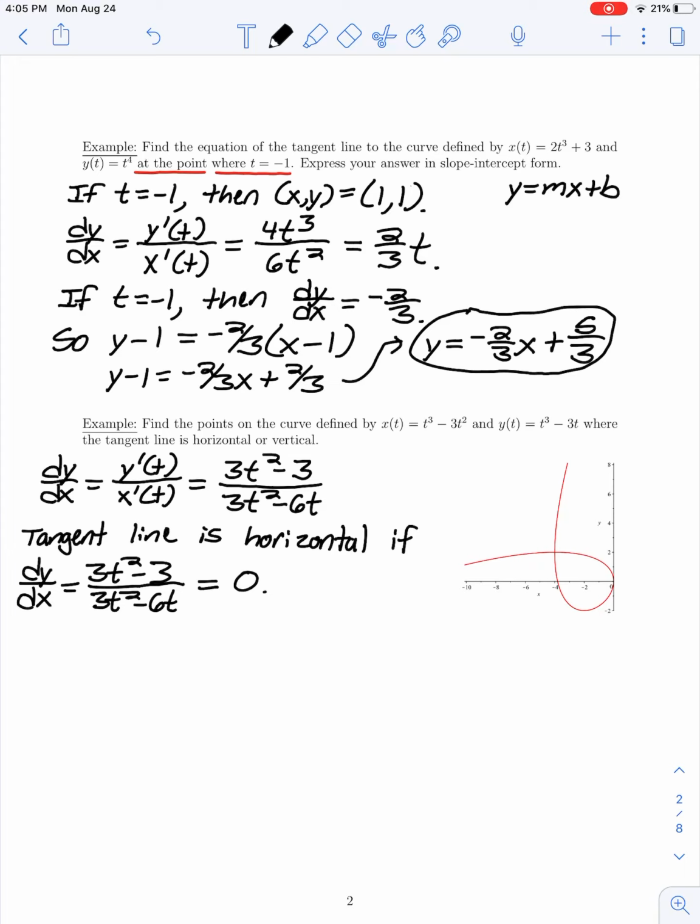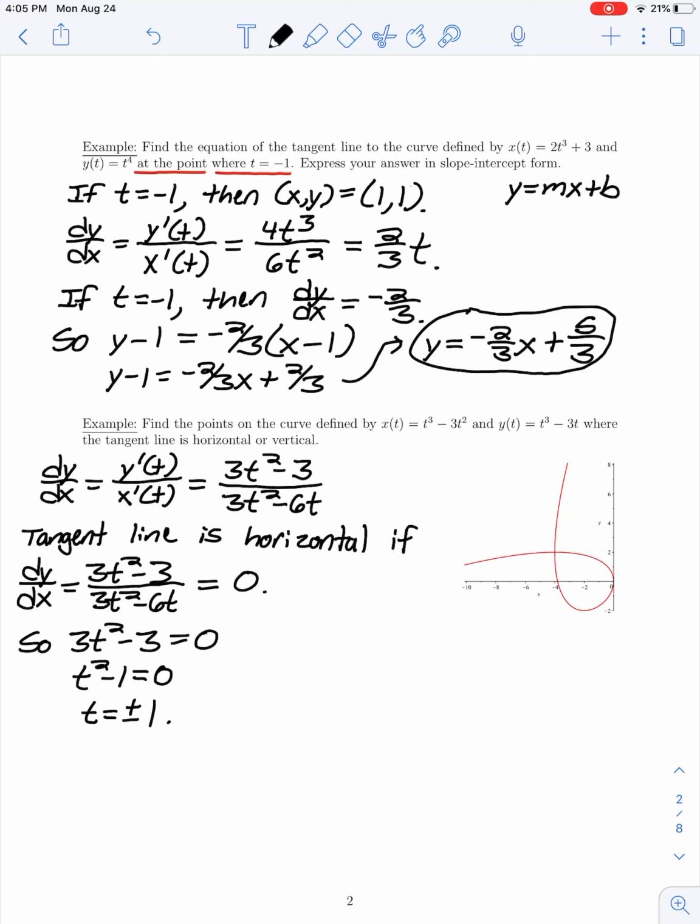So again, as with our earlier example, the only way that a fraction can equal 0 is if our numerator is 0. So we have 3t squared minus 3 must be 0. Or if we divide the equation through by 3, we have t squared minus 1 is 0. So t could be positive or negative 1.